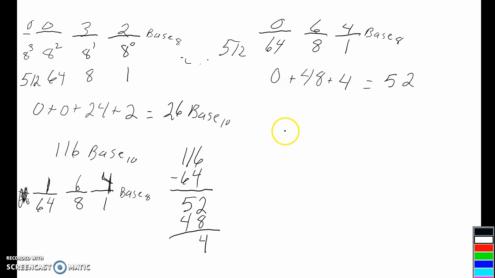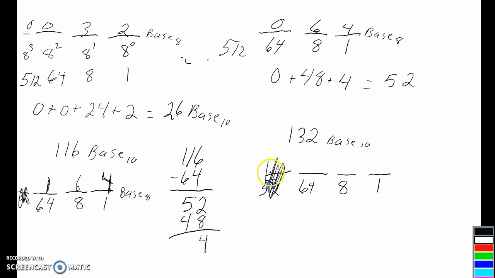Okay, let's add another number. Let's try 132. Again, this is base 10, and I want to convert it to its octal, and this is 1, 8, 64, 512. Again, we don't have to worry about 512. 512 is much bigger than 132. So the question is, does 64 go into 132?